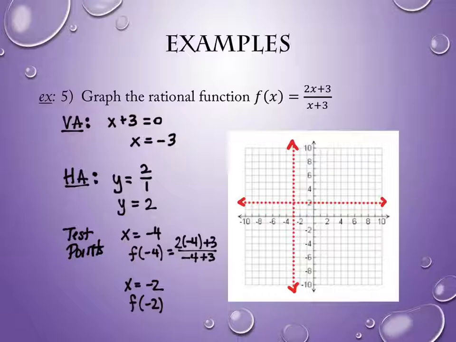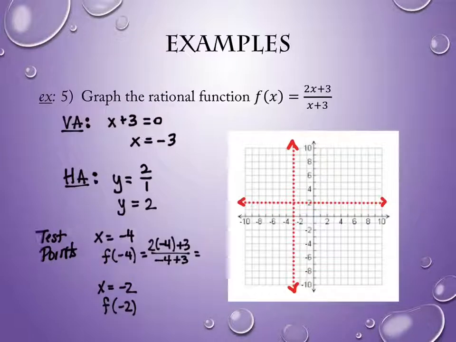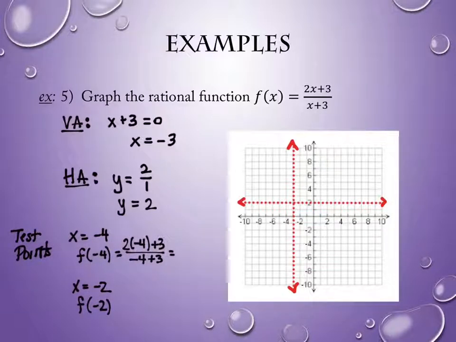So, what in the world does that numerator simplify to? All the math there. Negative 5 on top. And my denominator is negative 1. And negative 5 divided by negative 1 would be 5.